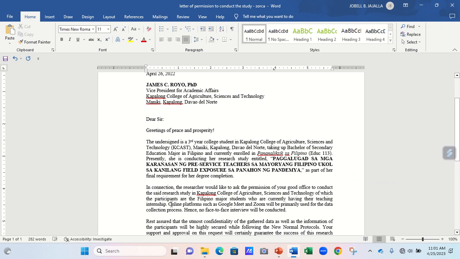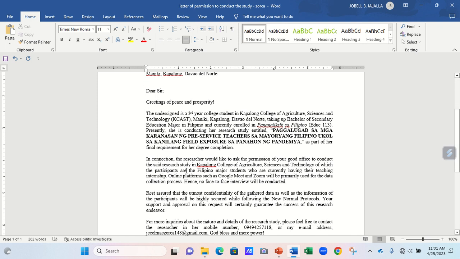Then also mention the modality, whether you will be conducting the interviews face to face or online, or both. There are some who will be undergoing online interviews, then the others face to face interviews, and we have no problem with that. Rest assured that the utmost confidentiality of the gathered data is kept. This part is already formatted, so we don't need to change it.